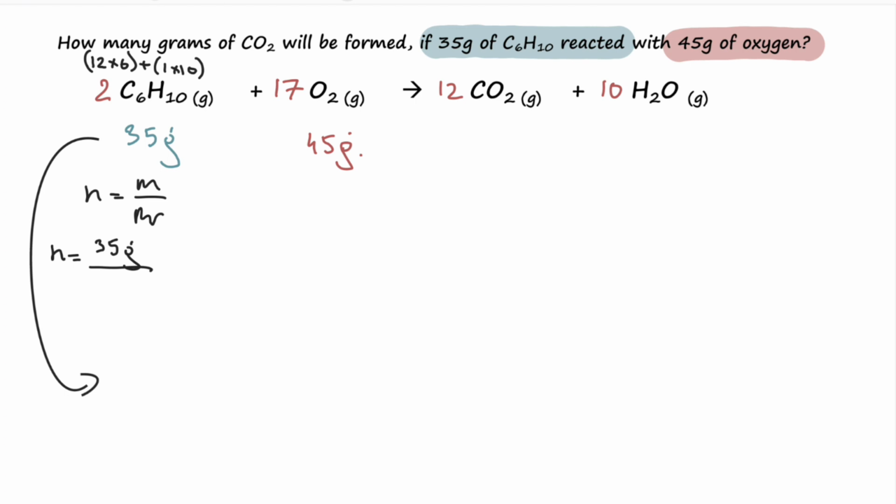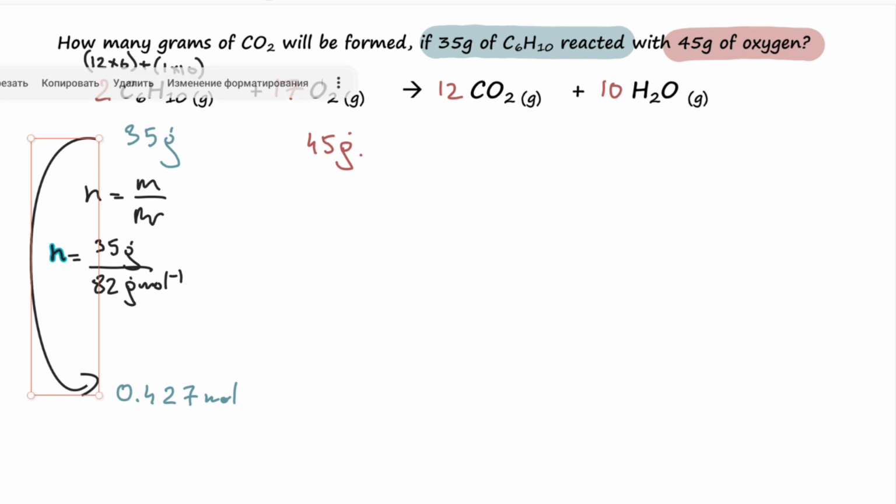Here you can use your calculator. So 82 gram mole minus 1. Using your calculator, you'll find the value, but do not erase it, just save it as an answer. Okay, so you will get 0.427 moles of cyclohexene.